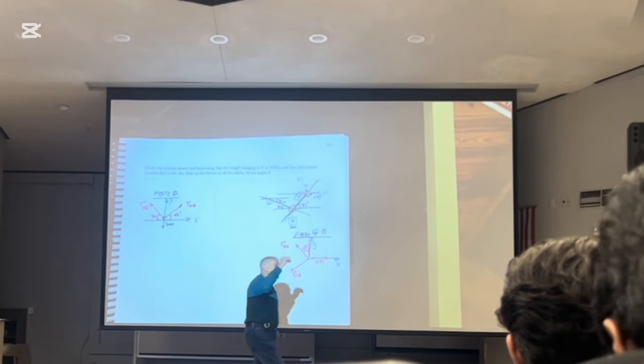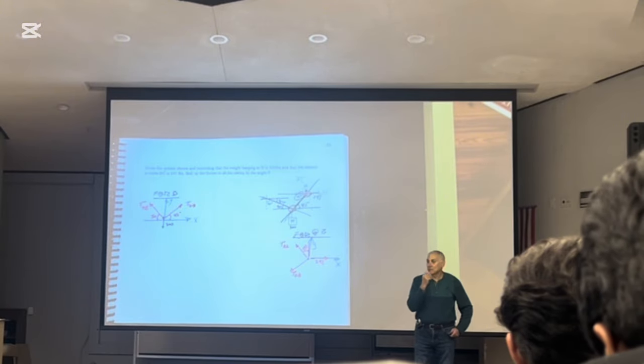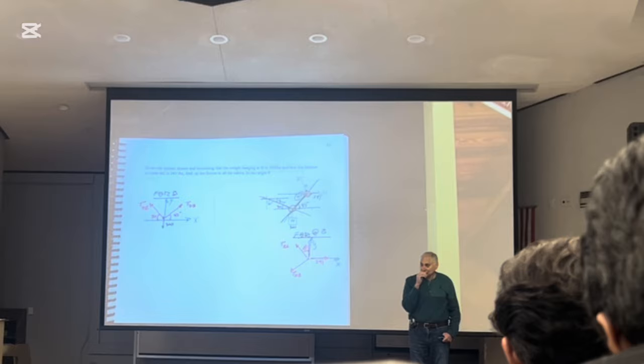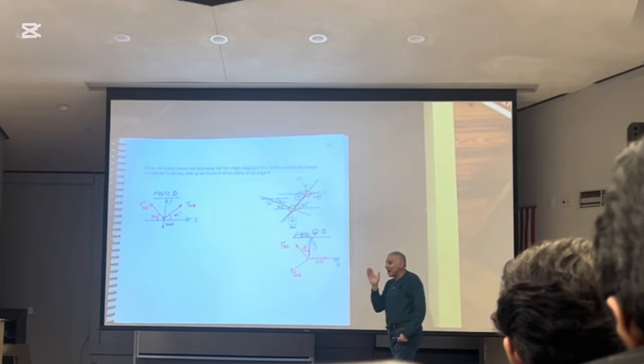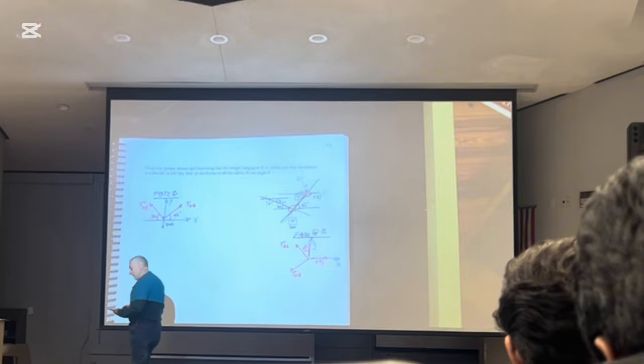Do not write any equations until you've drawn free body diagrams. Did everybody hear that? This is your accounting ledger, because what you see is what you're going to write in equation format.